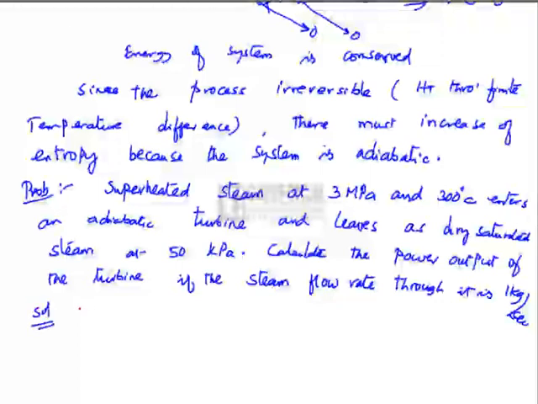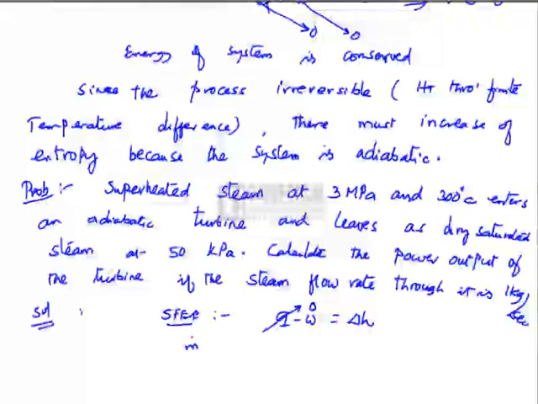Solution. Here, writing SFEE, the steady flow energy equation, or the first law of thermodynamics applied to an open system in any process, whether irreversible or reversible, Q minus W is equal to delta H. Here, because the turbine is adiabatic, Q is 0.